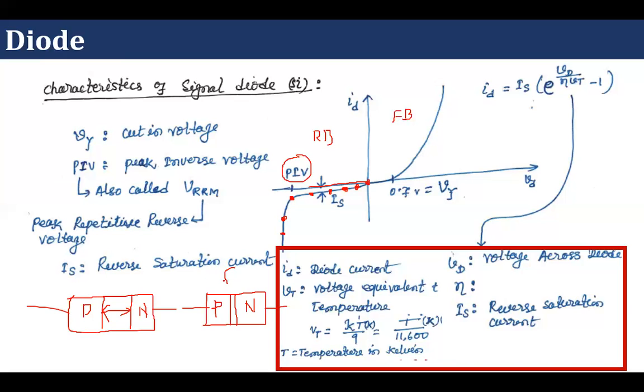This is the forward bias situation. If we make it reverse bias, then this width will increase, and so it is not going to allow the flow of current.